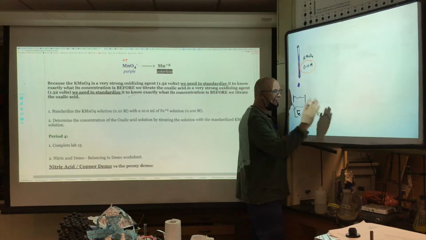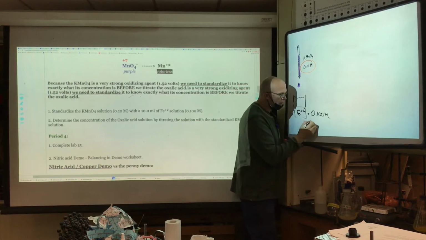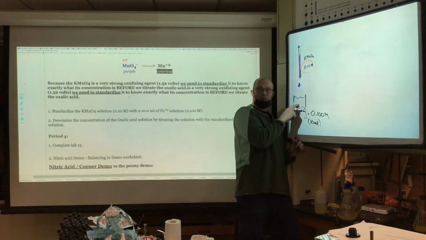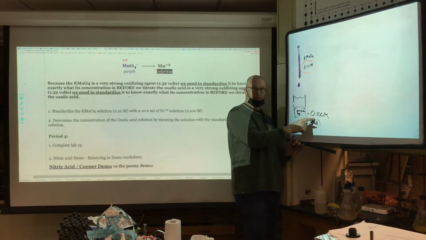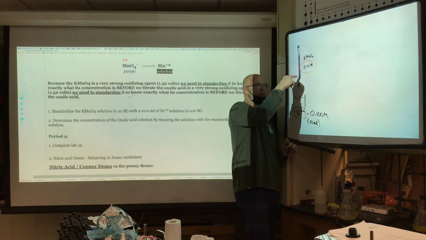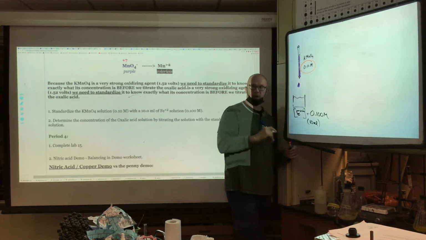That's known. And I'm using 10 milliliters of it. And you can clearly see, party people, by knowing the volume of my analyte and its molarity, I get moles, and from those moles, I can determine the molarity here, knowing the volume dropped. I'll show you how to do that.